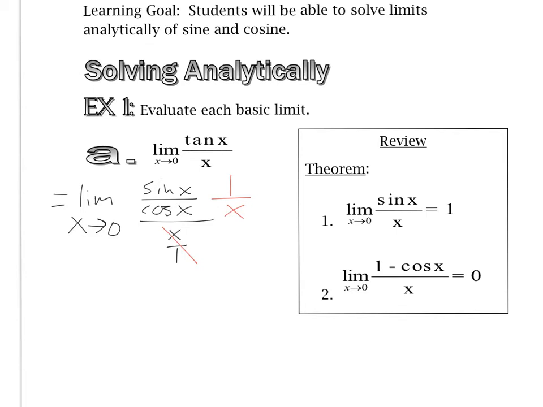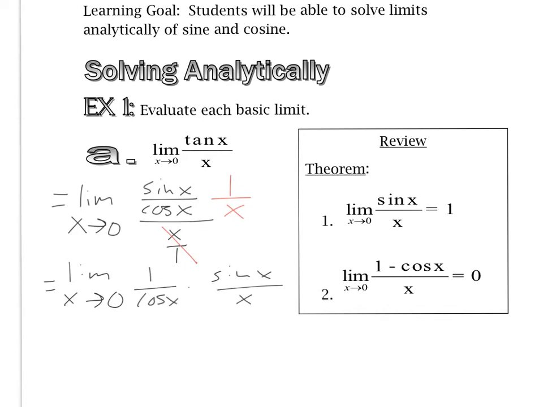Okay, well, writing it like that means that I can kind of reorganize this now. That's the same thing as the limit as x approaches 0. And since I'm just multiplying here, let's put the 1 over here and the sine x over here. What would that look like? Well, it'd be 1 over cosine x times sine x over x. And there's a rule with limits.